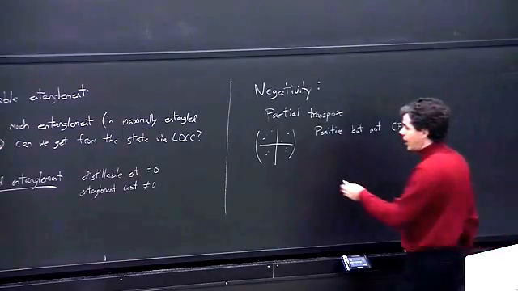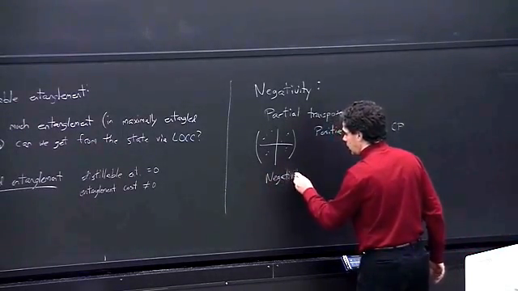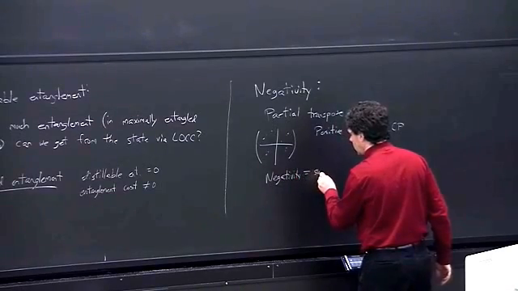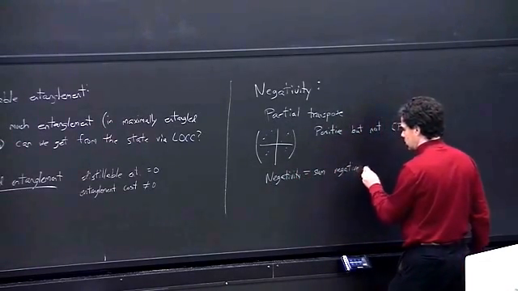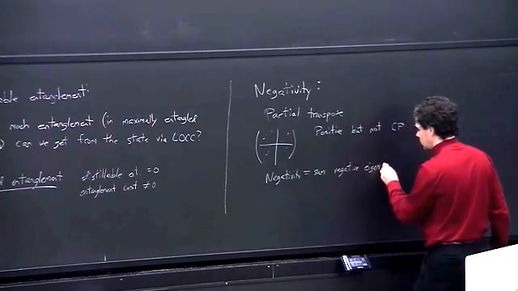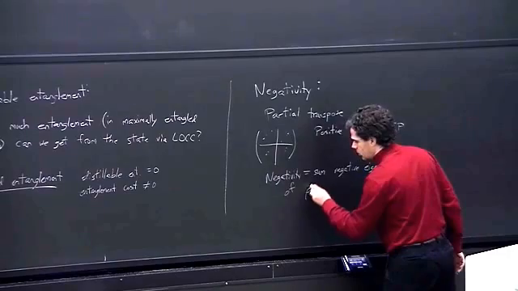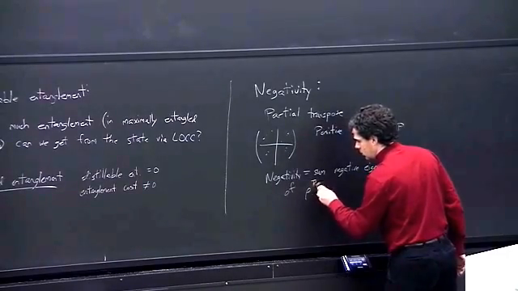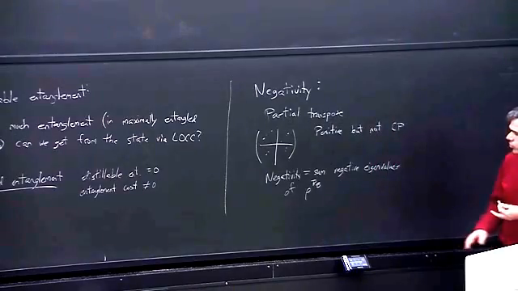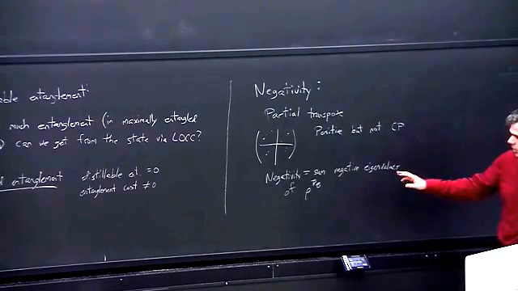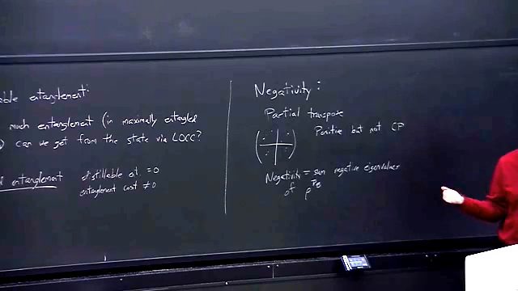So the negativity is then the sum of the negative eigenvalues under partial transpose. And it turns out, I believe, that it doesn't matter whether you take the partial transpose on Alice's side or Bob's side. You get the same value here.